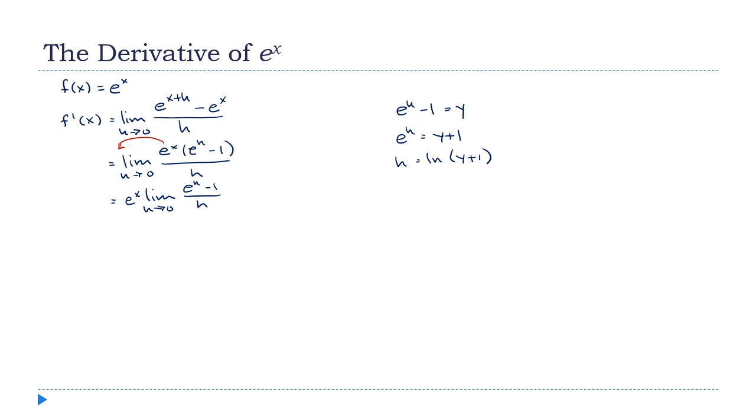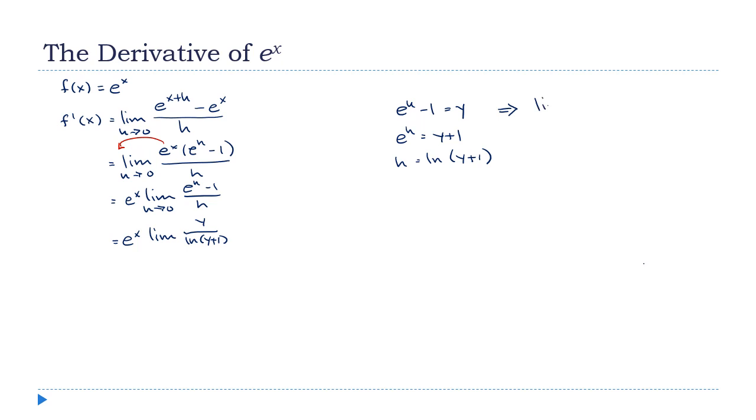So let's see what that does to my limit. This is e to the x times the limit, and I'll hold off on the limit part for just a second, of y over the log of y plus 1. Now, I want that limit to be in terms of y instead of h. But let's go back up to my definition.